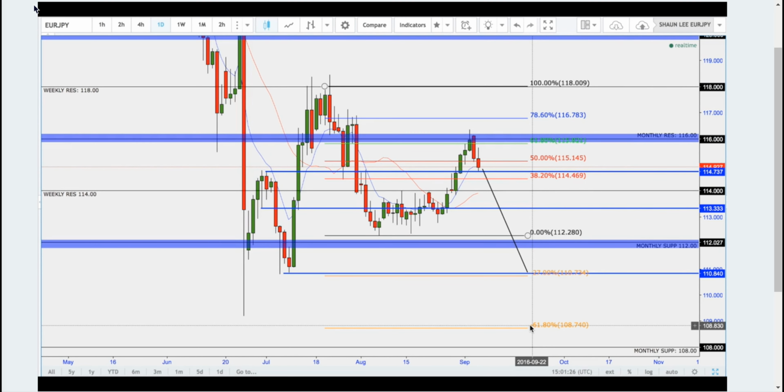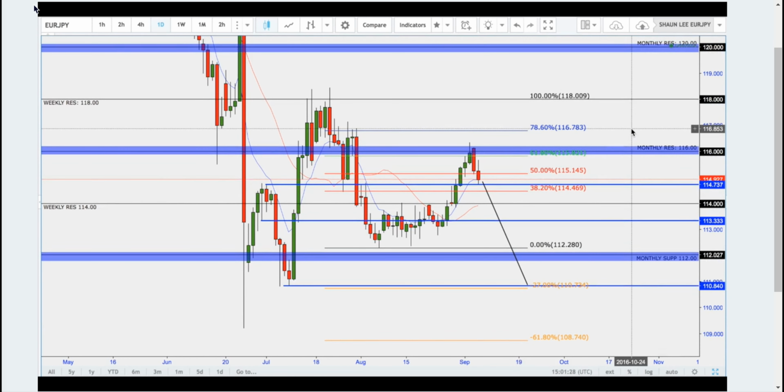So guys, that's just a little example of how we can use this in combination and confluence with our key levels. If we get an extension level, our target level, which lines up more or less on a key level of support, whether it be monthly, weekly, or daily, and even saying that, if we get a retracement level where we see a candlestick formation reversal, more or less on the daily, because I'm going to refine the entries and so on in the next video, it gives us more faith and it gives us more confidence that we can actually hold a trade and anticipate where the market's going to go.